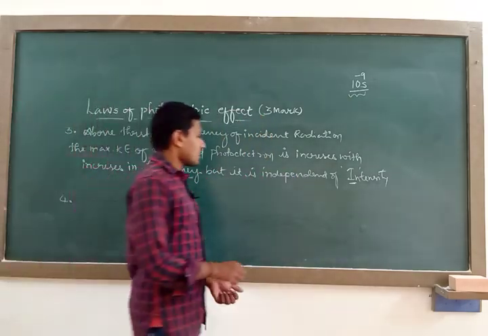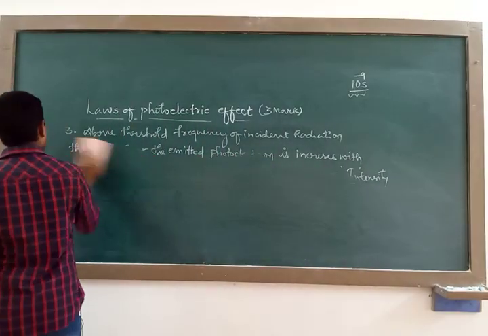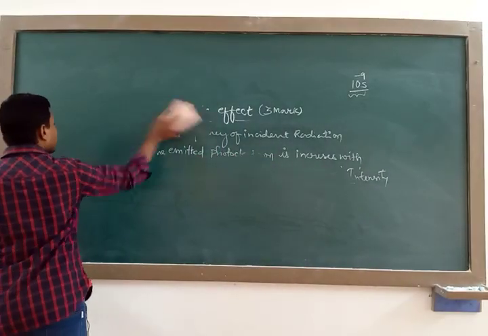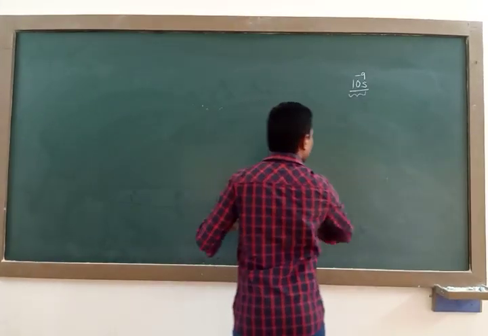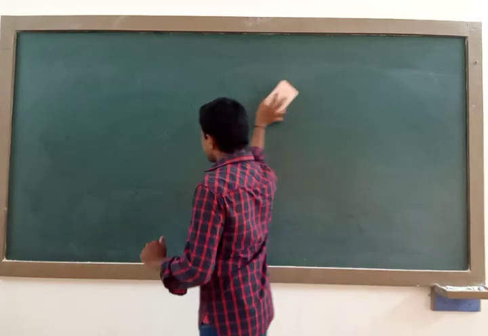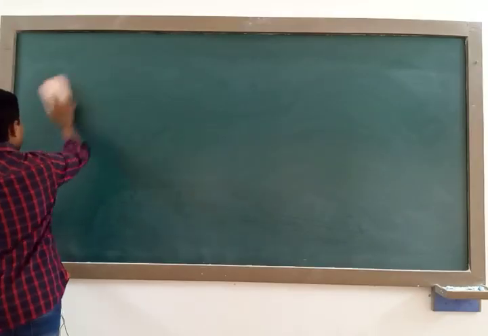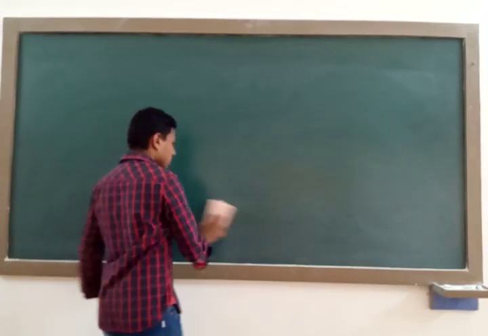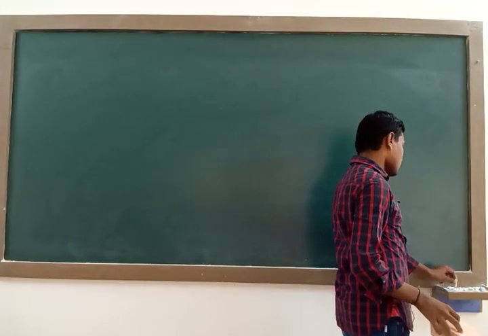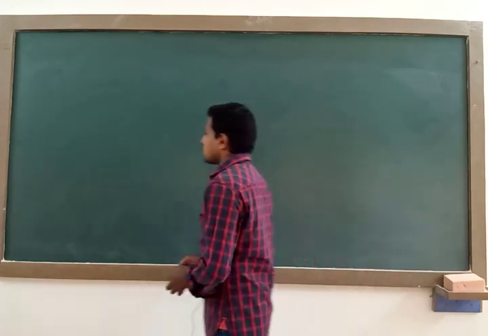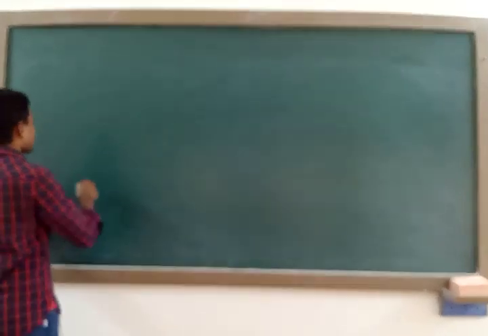Next, after these laws of the photoelectric effect, now we shall go to the study of the failure of the wave theory of light. Why does wave theory not satisfy, or why could the photoelectric effect not be explained by treating light as a wave? Why can it be treated as a particle only? What confirmation are you supposed to give regarding the particle nature of light?